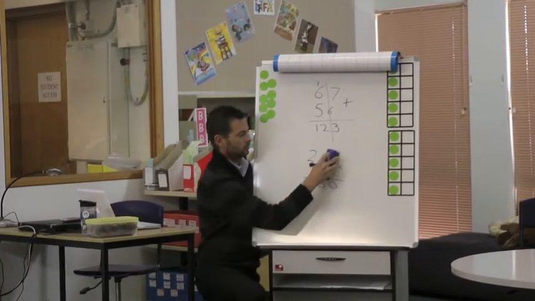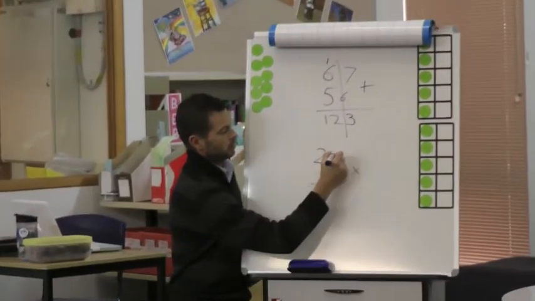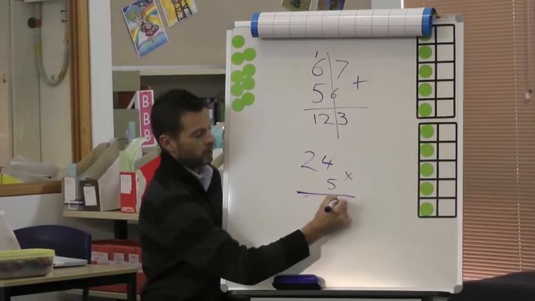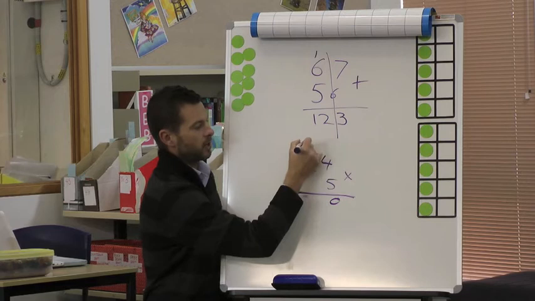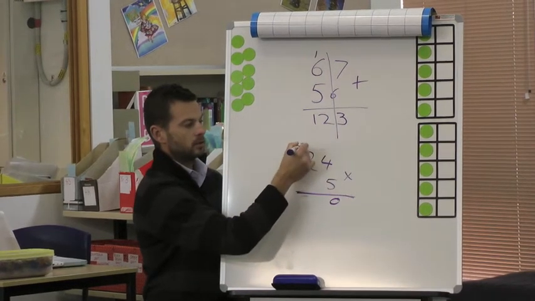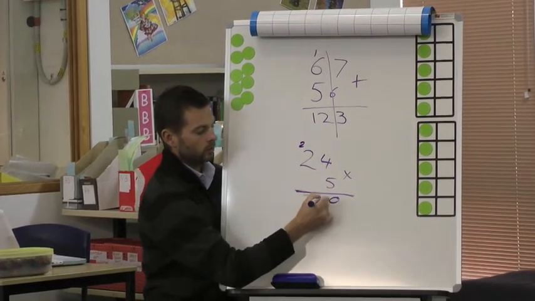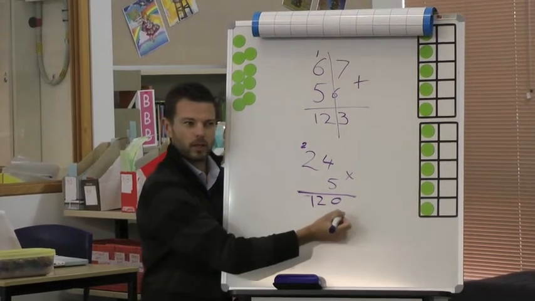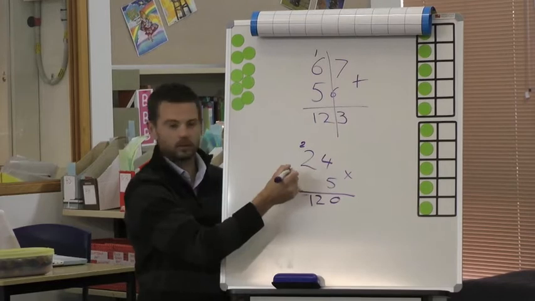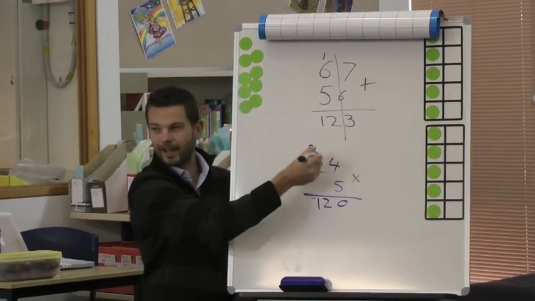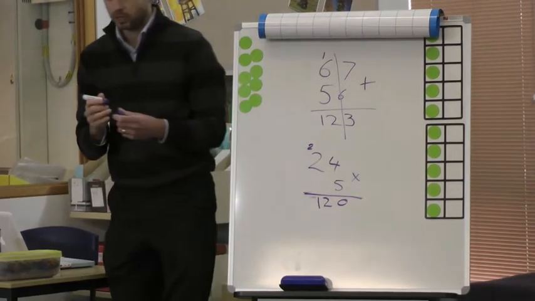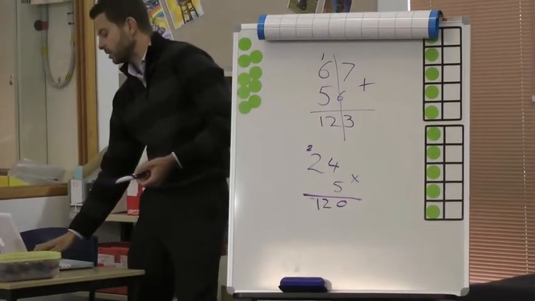If I change that and made it 24, same thing, 5 fours are 20, put down the 0, carry the 2, 5 twos are 10, plus 2 more is 12. And I'm saying 12, but it's really 120. I'm saying 2, but it's really 20. I'm saying add the 2, but I'm really adding 20. So it's this language that is confusing the children.